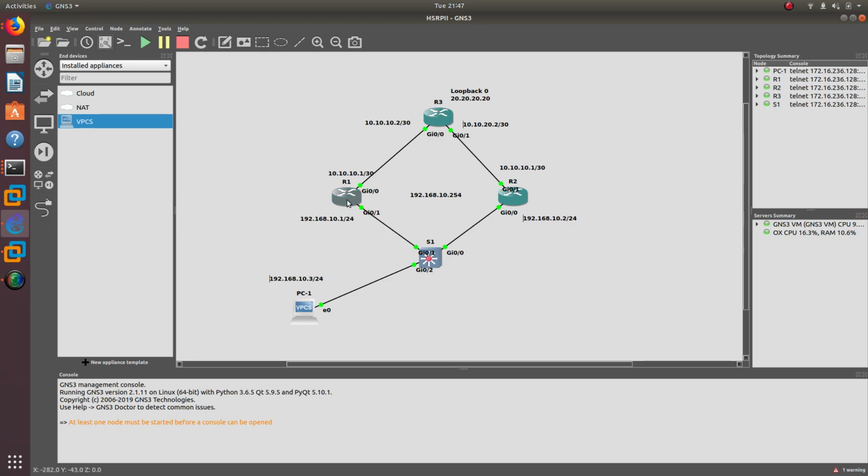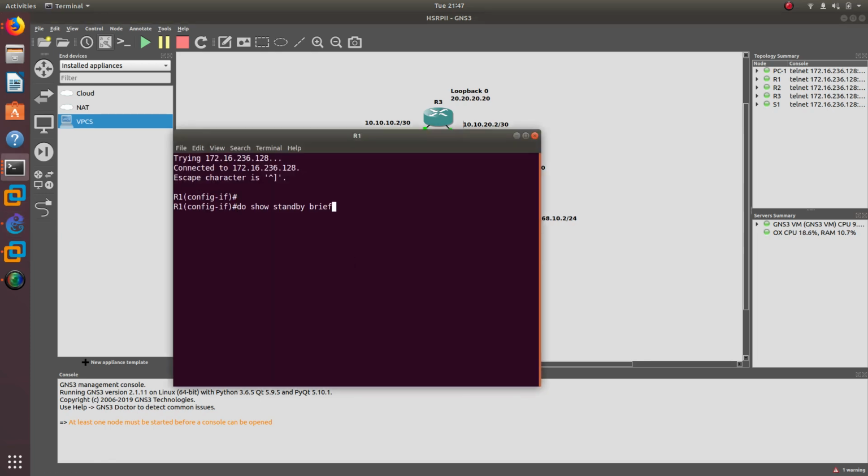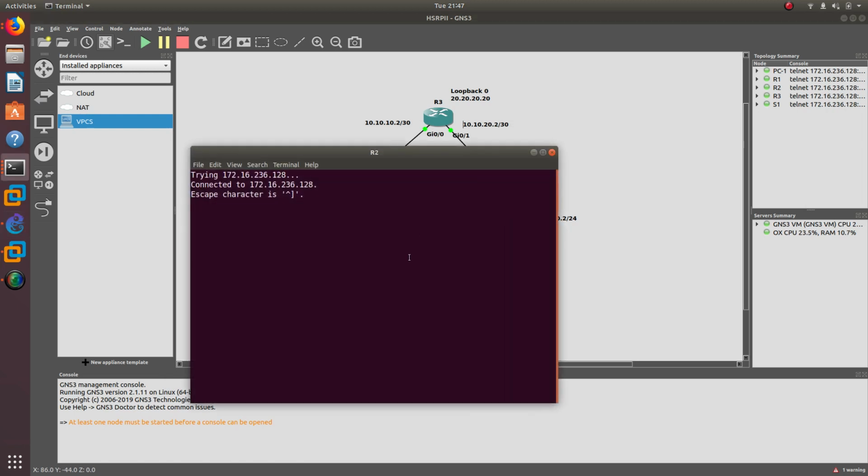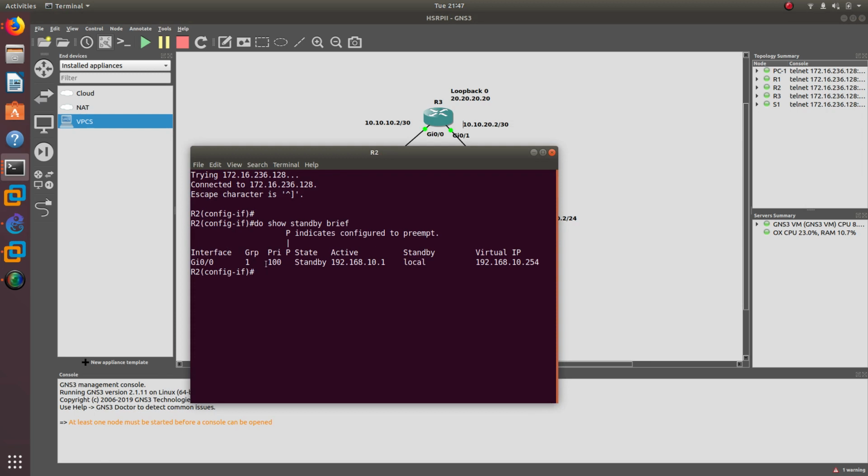Let's go to GNS3, and if you come over here and do show standby brief, you can see that the priority is the default, 100. This one is also 100, and this one is on standby.